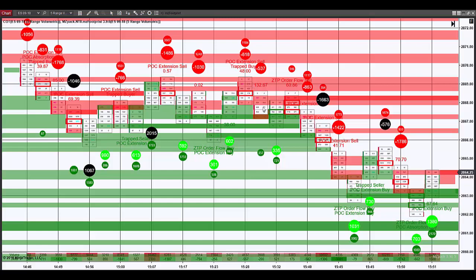As the market traded down and this area of consolidation broke, not until we got to the bottom at 63 did we have a POC buy with about 15 minutes left in the market.